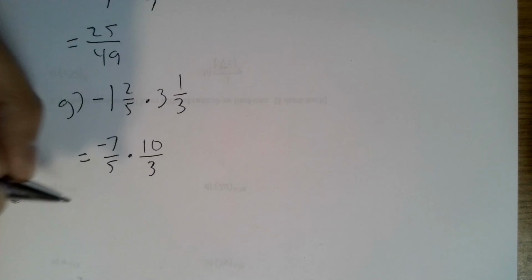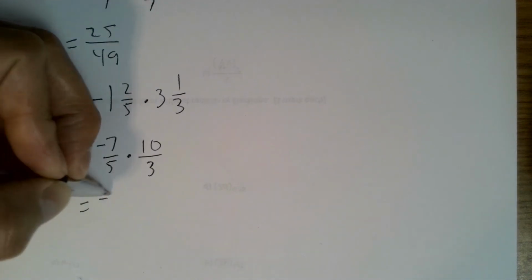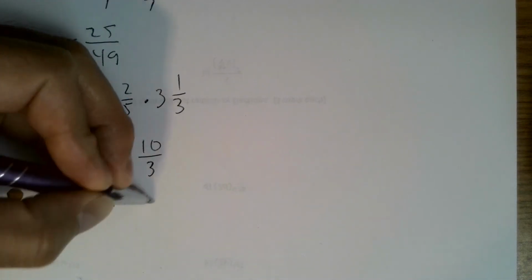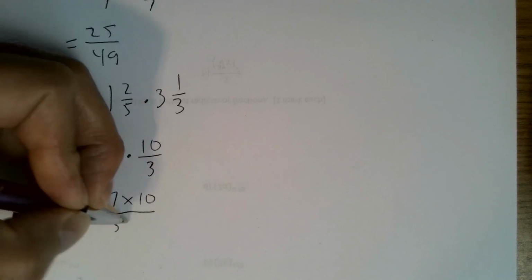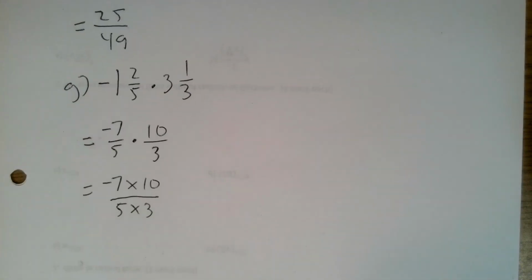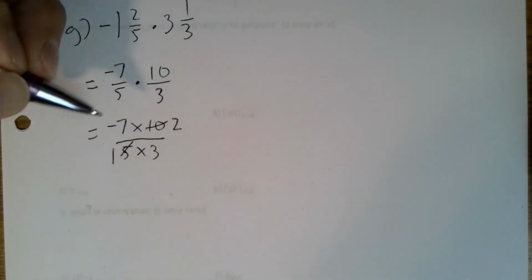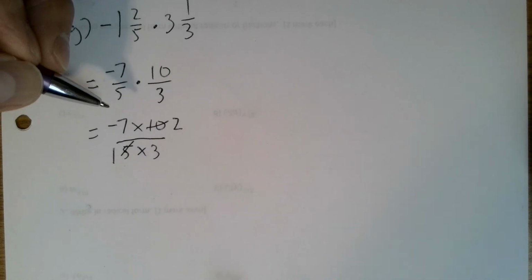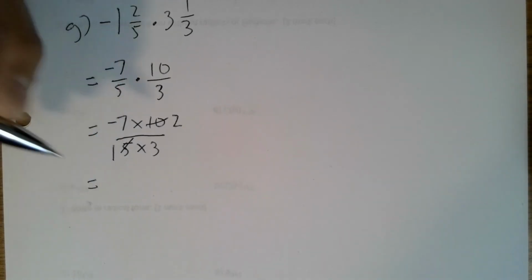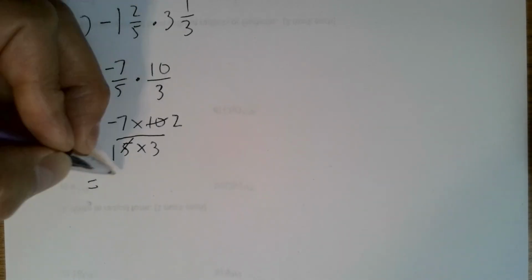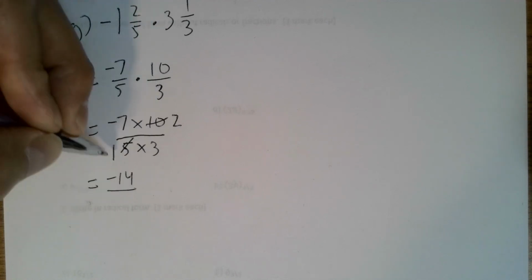And these numbers are pretty big, so I'm going to rewrite this as -7 times 10 over 5 times 3. 10/5 is the same as 2/1. And I think that's all I can do. Yeah. So that's going to be -7 times 2 is -14. 1 times 3 is 3.